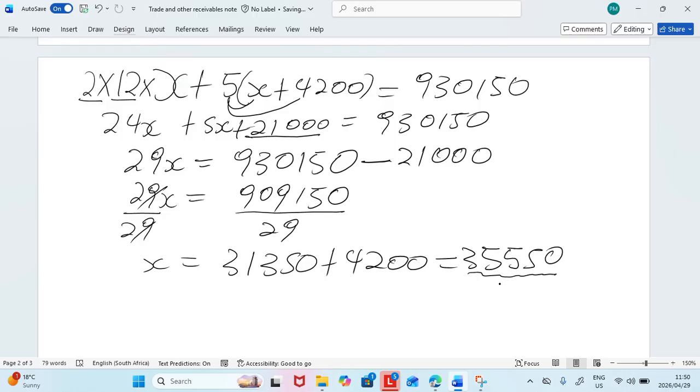So it means now the prepaid expense of that 1 month extra that we paid in advance, it is how much? 35,550.